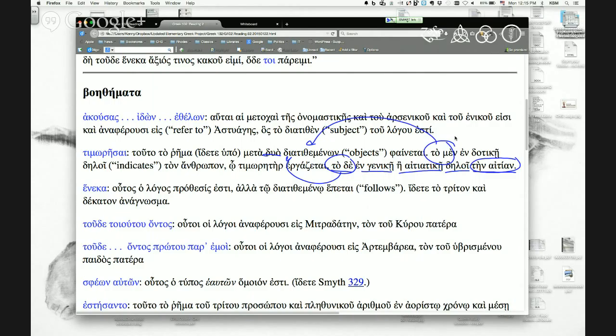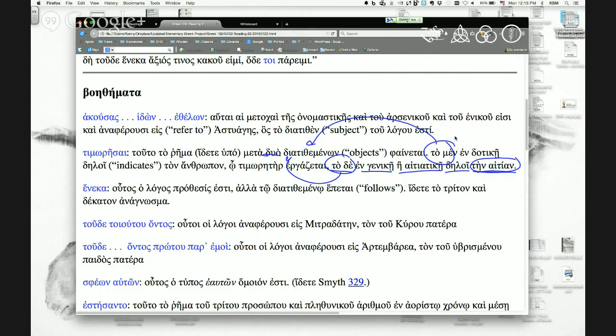The cause, okay? Aitia can also mean blame. So this timoreo takes two objects: the person for whom one is acting as an avenger, and the reason for it.